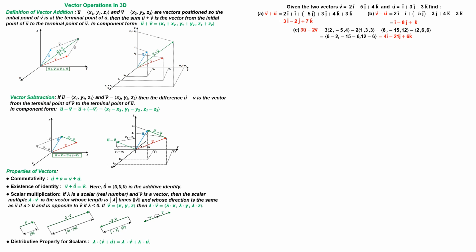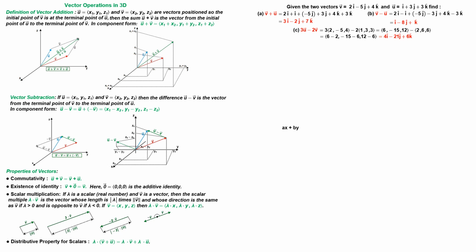I will take the two operations, scalar multiplication and vector addition, to introduce the concept of the linear combination of two vectors. Let's start by understanding what a linear combination is. In mathematics, a linear combination is an expression made up of a set of terms that are multiplied by a scalar and then added together.